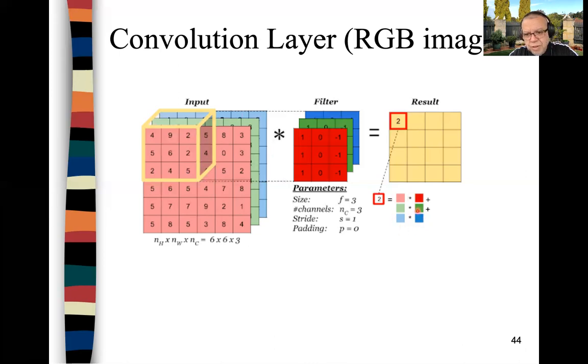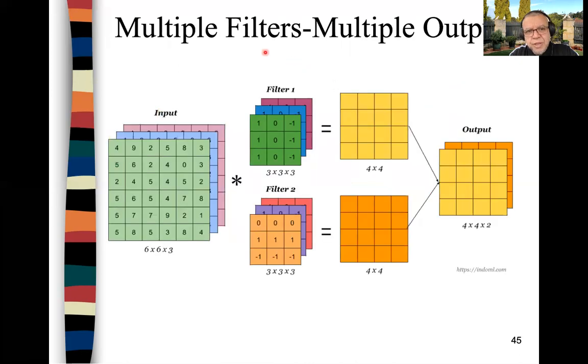And this would give you a 2 here. And then because the stride is 1, you move the filter and you perform your convolution again until you get your output image.